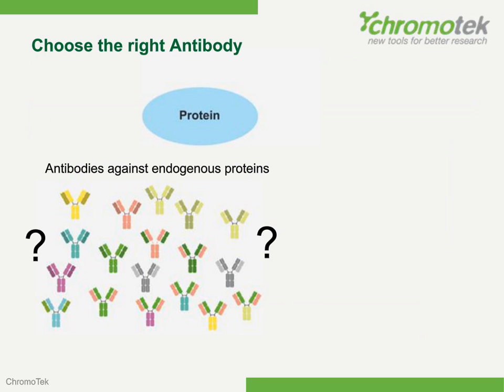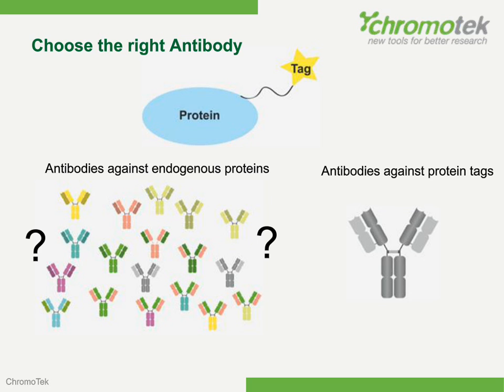Well, during the last slide, we discussed many parameters which can influence the success of your IP. And all these parameters you have to optimize again and again for every new antibody. But as I already mentioned before, good antibodies are available against tagged proteins like MYC, HA, FLAG, or GFP.